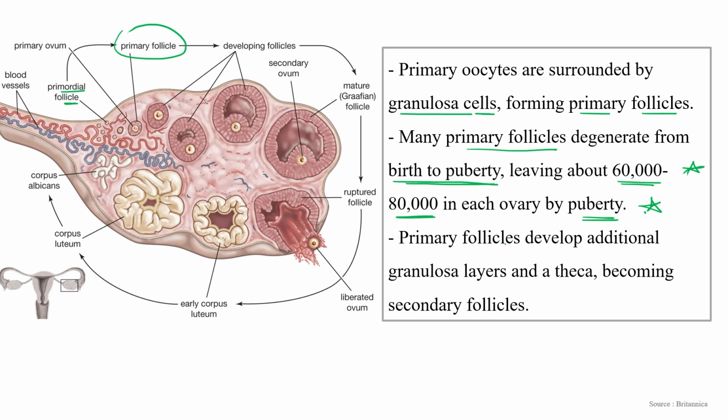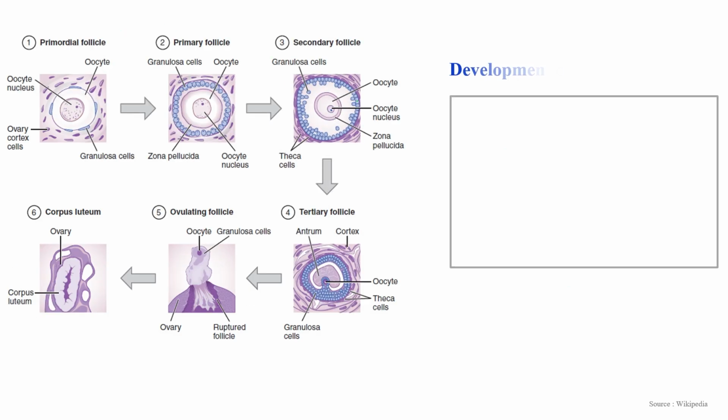The primary follicle further develops. It develops an additional granulosa layer and a theca, becoming a secondary follicle. So now let's see all the stages. This is the primordial follicle. This is the ovum, the oocyte.